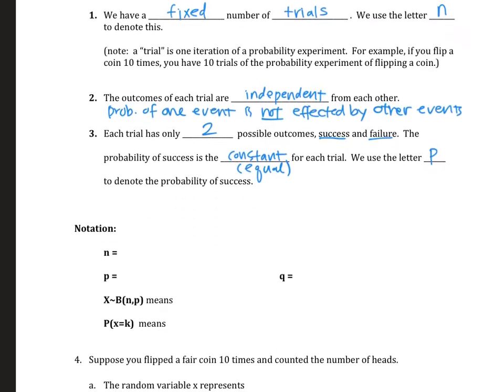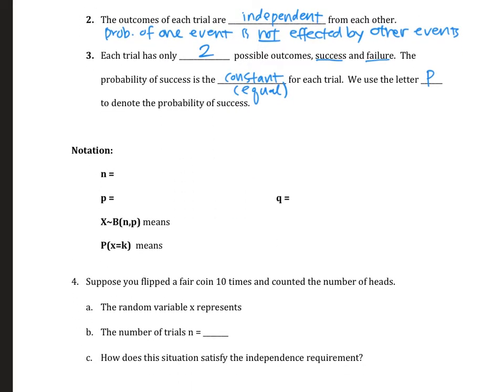So here, n is the number of trials. P is the probability of success for each trial. And you'll notice the letter Q. You don't use it that often, but you'll see it a few times.